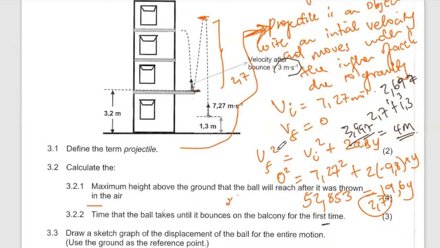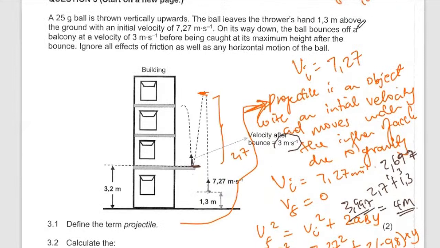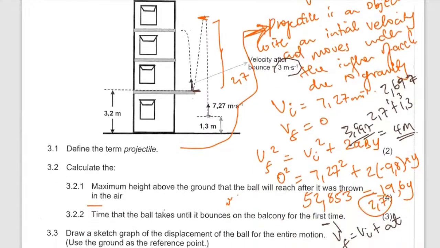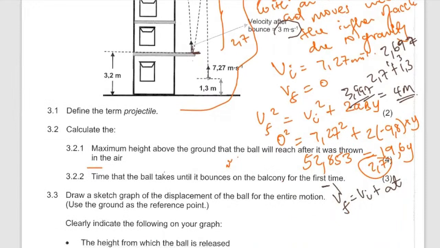So we could use V final is equal to V initial plus a t. Okay, so these 3 meters per second is the velocity after it bounces off the bottom. So are we going to assume that it's the velocity at that point? Will that make sense? No, it doesn't.